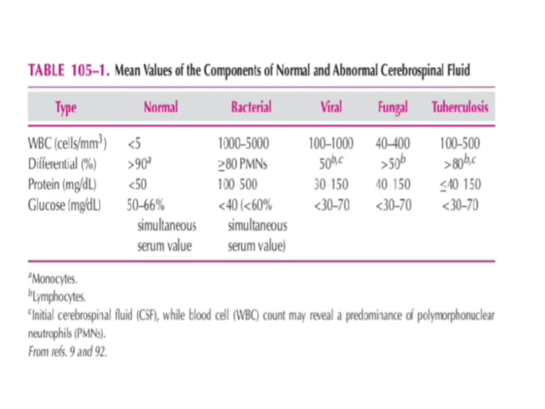The values for CSF glucose, protein and WBC concentration found with bacterial meningitis sometimes overlap with those for viral, TB and fungal meningitis. Therefore, CSF WBC counts and CSF glucose and protein concentrations cannot always distinguish the different etiologies of meningitis.